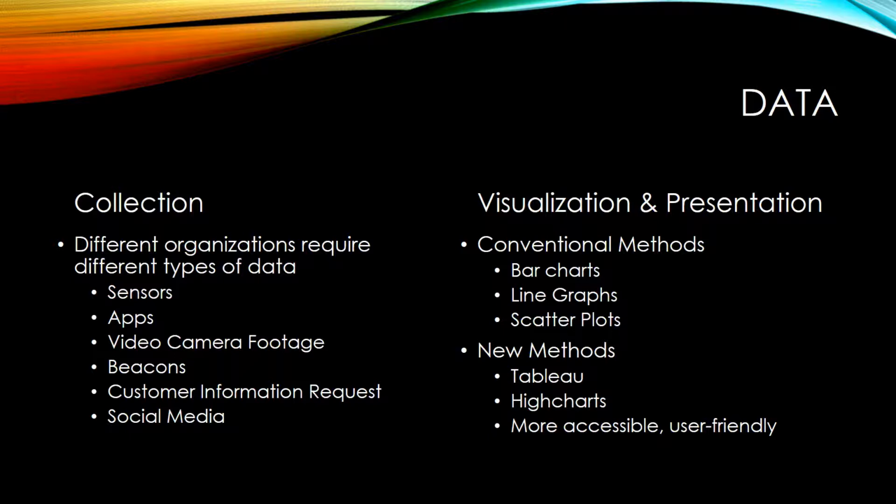Video camera footage from something like a security camera or closed circuit television. Beacons of kinds. Customer information request is a huge one. On websites where users fill out forms, all of that data is typically stored and used in some fashion. Social media is another one where an organization may crawl across social media and collect data that way.